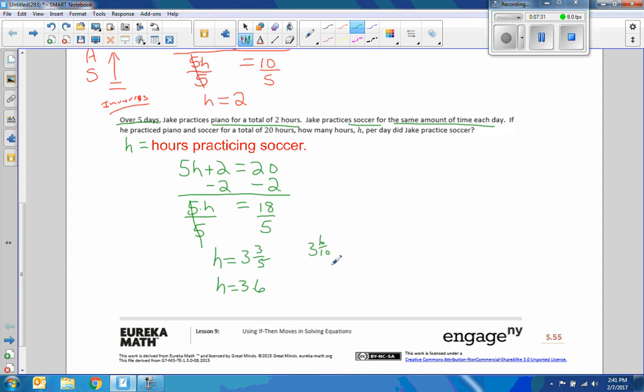If I want to convert it to minutes, then there are 60 minutes in an hour. And 5 times 12 is 60, so I have to multiply 3 times 12, which is 36. So it could be 3 3/5 hours, 3.6 hours, or H equals 3 hours, 36 minutes.